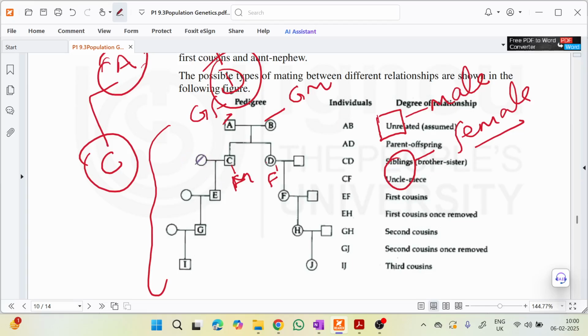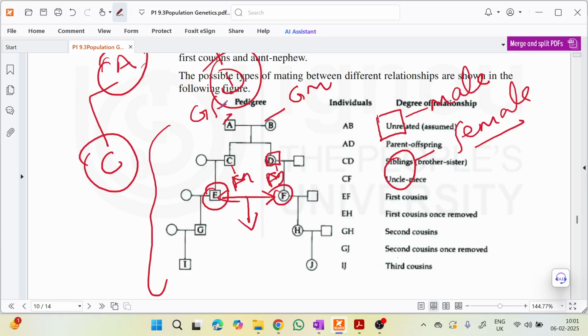Now, parallel cousins arise when both siblings are of the same sex. Let's say C and D are both male, and their children, if they marry among themselves, it would be known as parallel cousin marriage, which is prohibited.